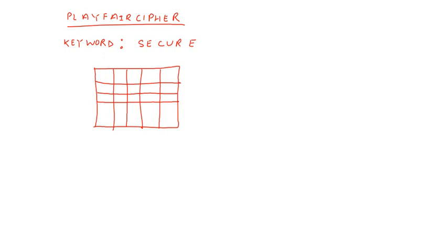First we will write this keyword here, S E C U R, and because this E is repeating, we are not going to write E again, because repetition is not allowed in Playfair cipher.